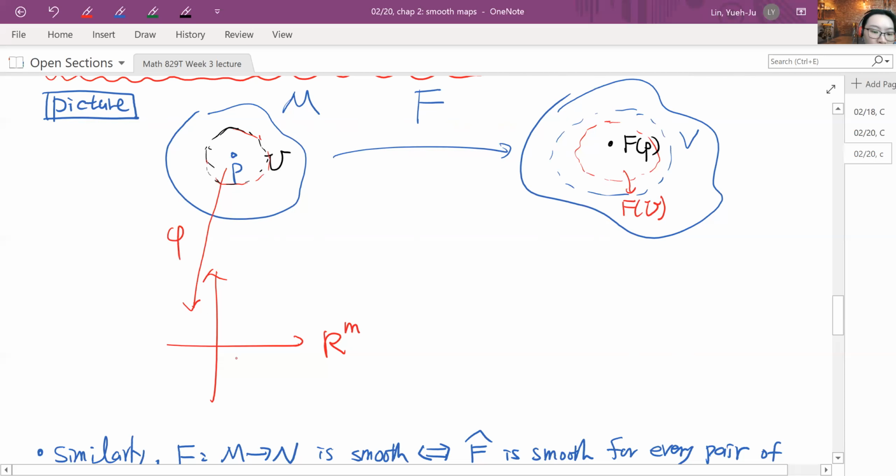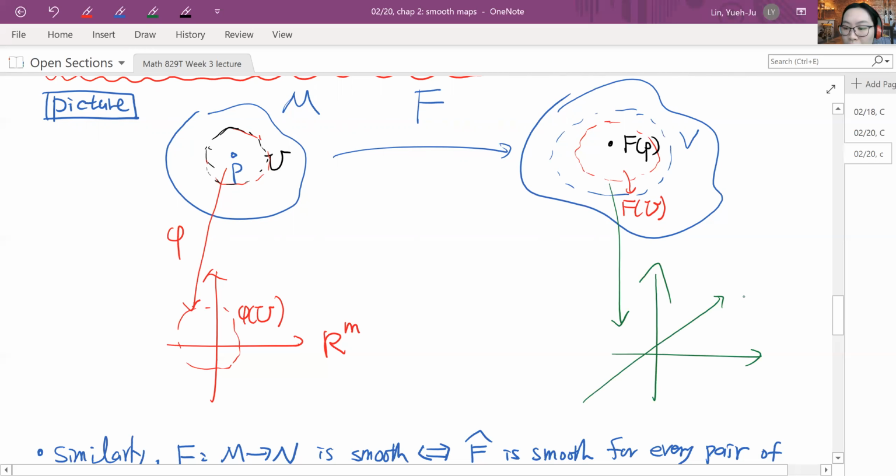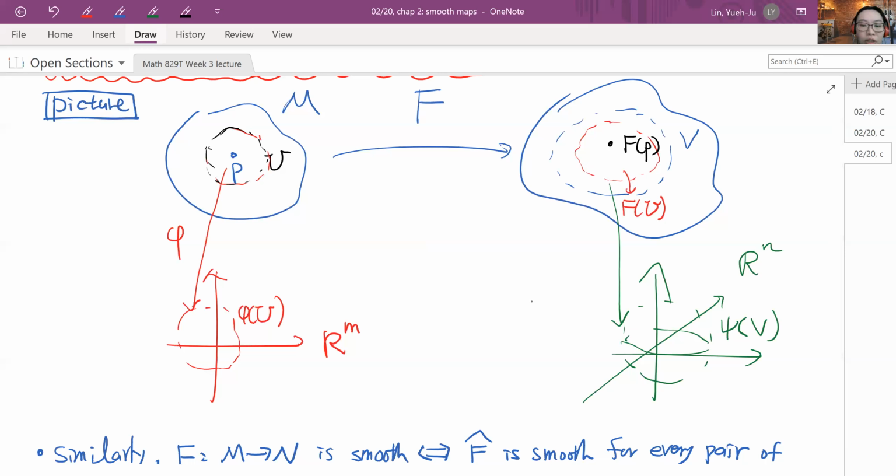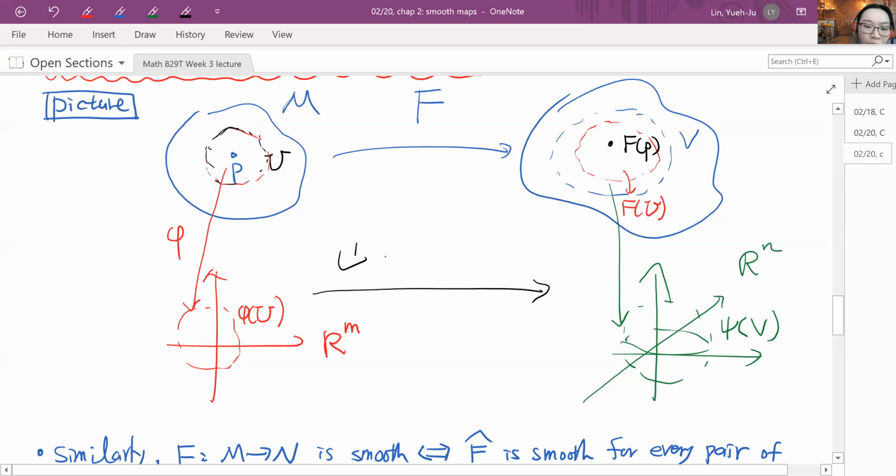So from phi, you map to phi of U. And the other way, you also have a chart from V, which goes to some other dimension, R^n, and you have an open set here, psi of V. Instead of looking at F, you look at this map, which is exactly psi composed with F composed with phi inverse. This is exactly the coordinate representation, the F hat, that we meant.